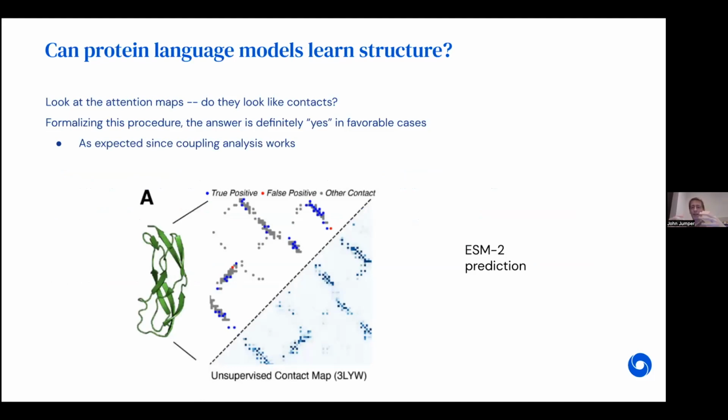The task of trying to do this kind of silly complete-the-UniProt-sequence task, well, it's learned a tremendous amount about structure and has a lot of understanding of contacts. And we shouldn't be too surprised, because there's a really, really close analogy between masked language modeling and coupling analysis. And we know that coupling analysis tells us something about structure. So higher order coupling analysis hopefully tells us even more about structure.